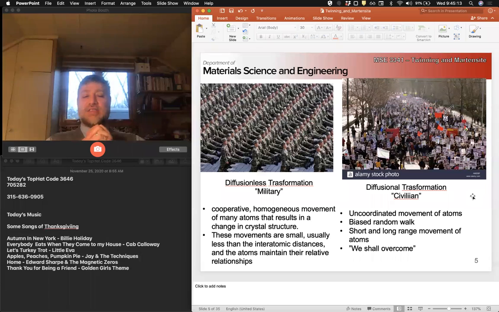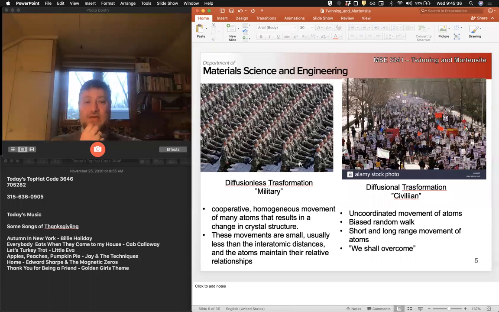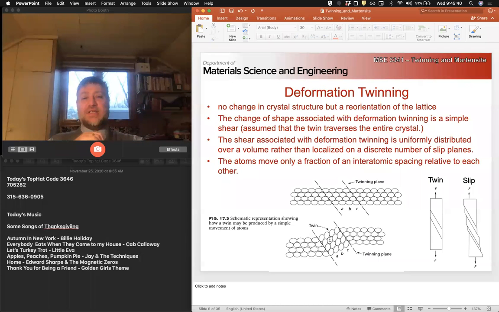There is a biased random walk, right? Not everyone in the crowd is moving at the same pace. Not everyone in the crowd is even moving in the same direction. Okay? So the kinetics of diffusional phase transformations tend to be slower. The kinetics of these diffusionless transformations are rapid, very, very fast, right? And this is a fundamental difference.